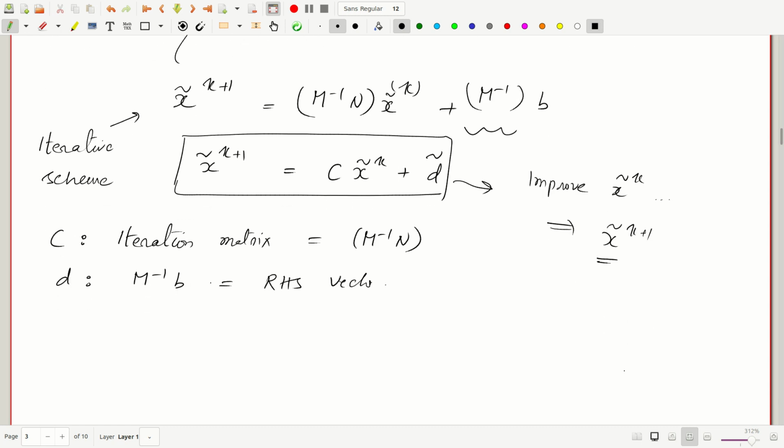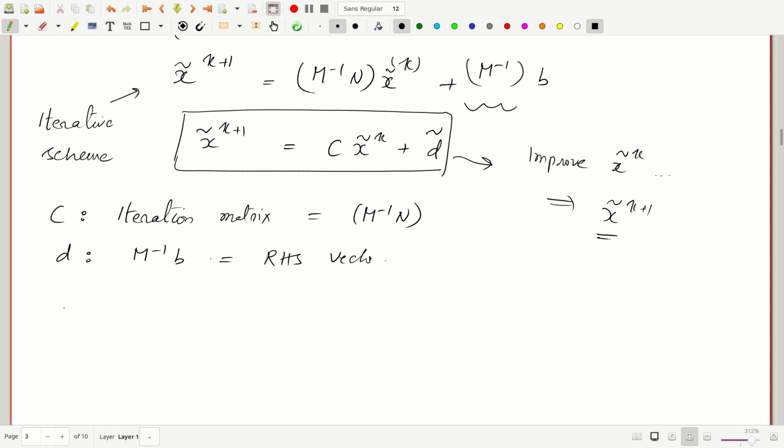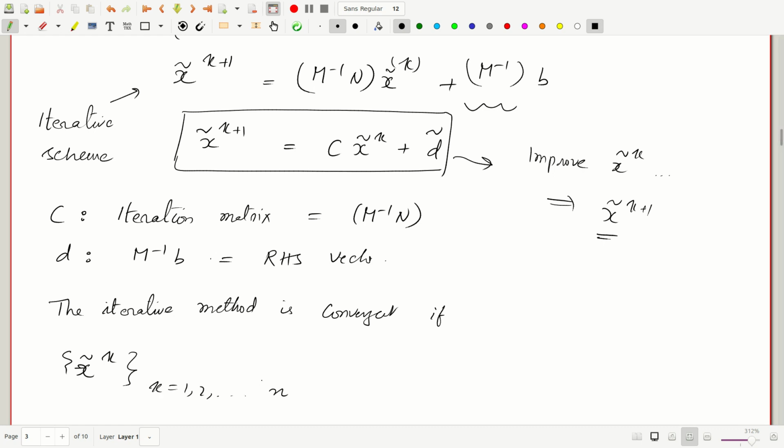Now what is the guarantee that this will converge? Essentially we say that this iterative method is convergent if the sequence of iterations, that is x tilde k, as k goes to 1, 2, 3, all the way to some iteration max, converges to the exact value. In the limit of k tends to infinity, your x k reaches your x exact value.